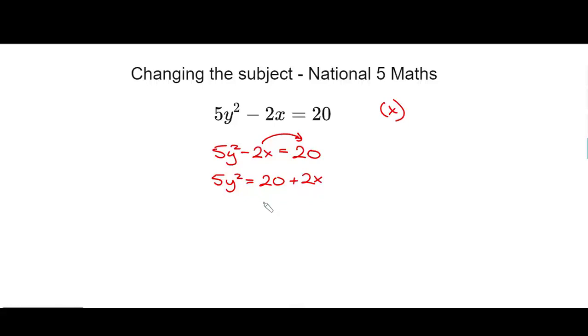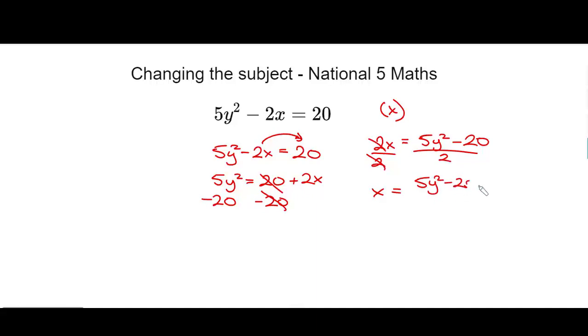Then let's get rid of the 20 on this side, so we minus 20 on both sides. That gives us 2x is equal to 5y squared minus 20. We want x, so we divide by 2. So x is equal to 5y squared minus 20, divided by 2.